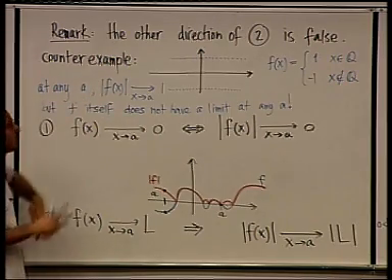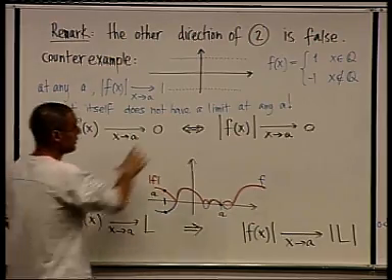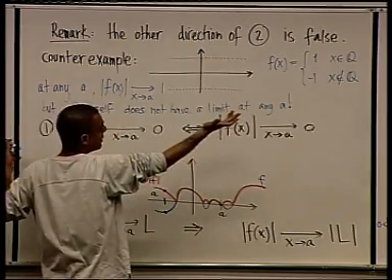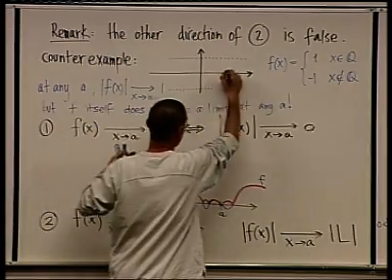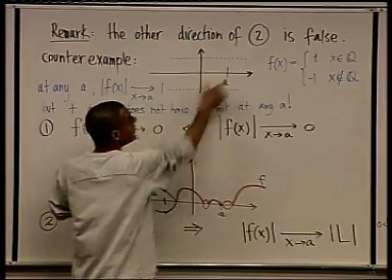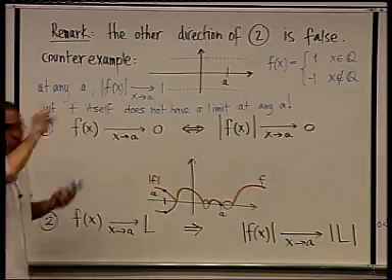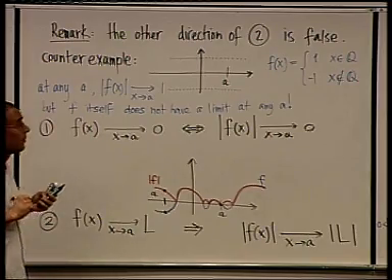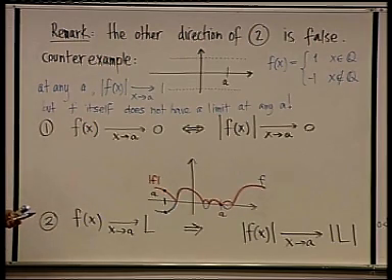It's a counterexample at any point. At any point a, take any neighborhood, and you'd have values at 1 and values at -1. They're not close to any L. But when you take the absolute value, it's just the constant function 1.